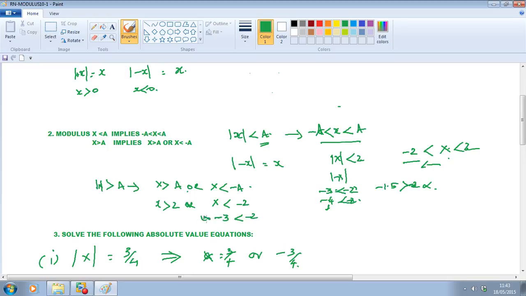When you take the modulus, 3 is greater than 2, but minus 3 is less than minus 2. The sign changes, that you know.